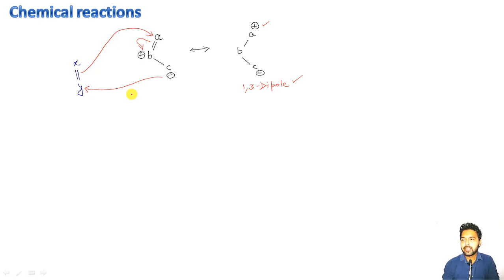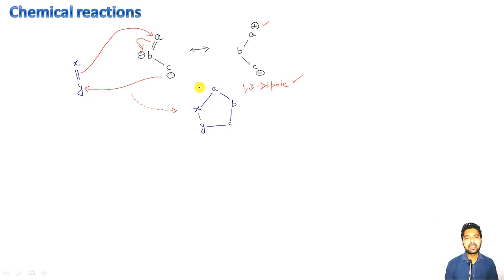This gives a species like X, single bond Y, because of the attack of these lone pairs onto the Y atom. A bond now appears between the carbon and the Y atom, with a single bond to B. This becomes a single bond A, and because of the attack of X on this A atom, a bond appears between this and this.